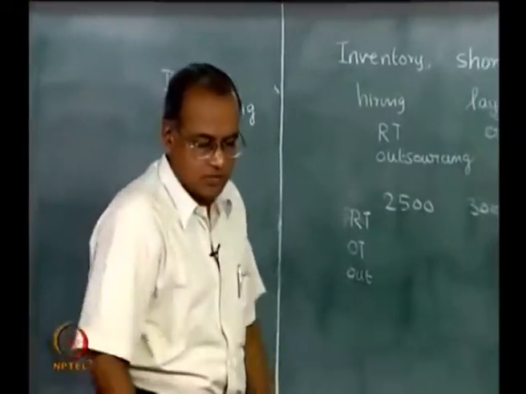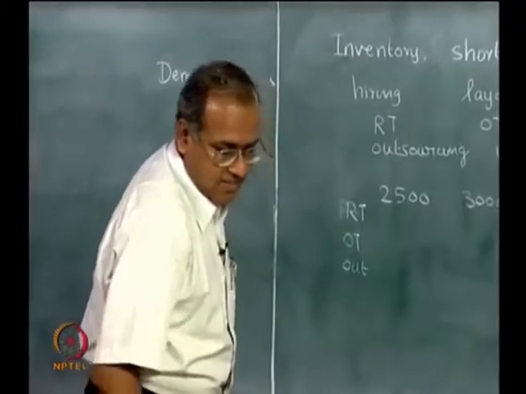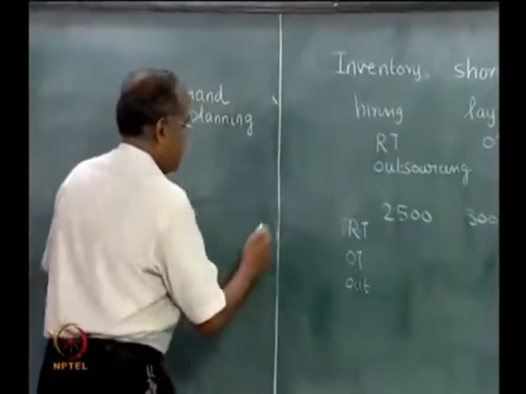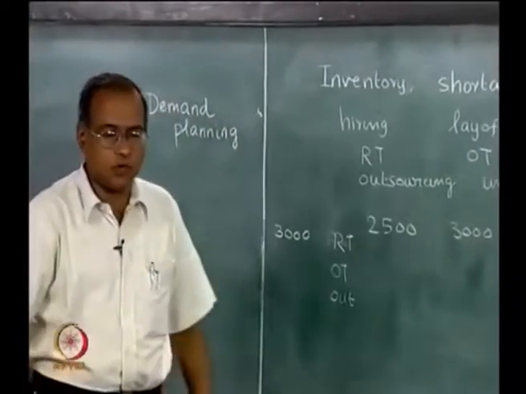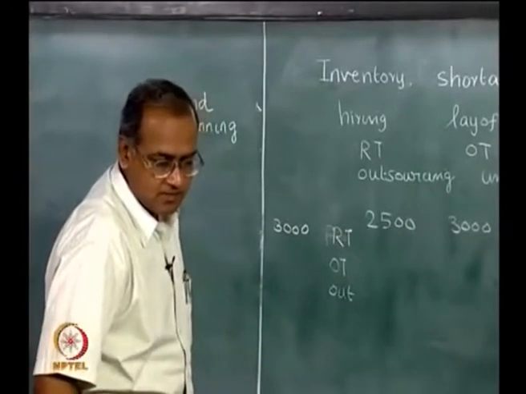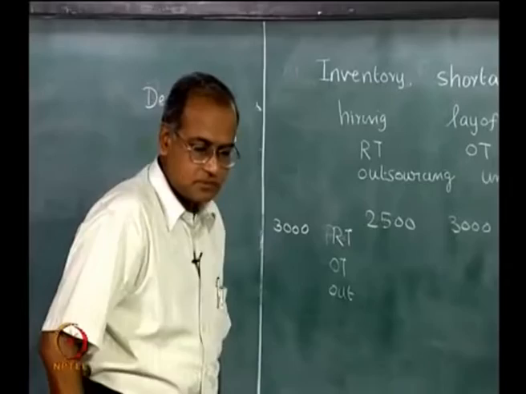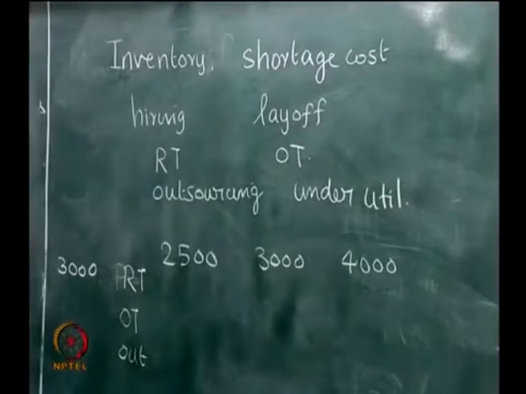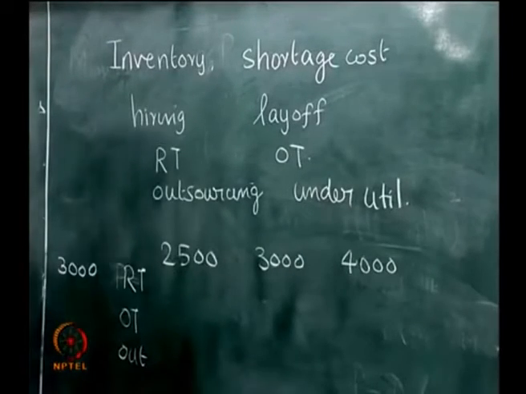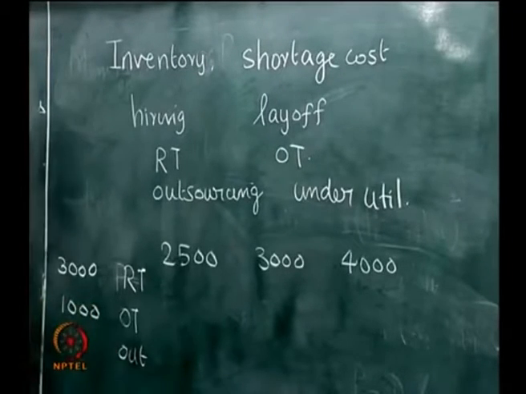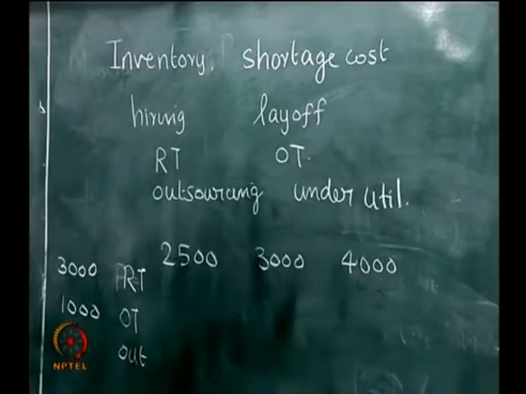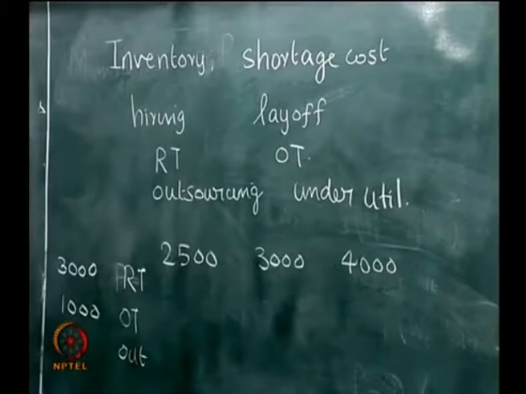Now, we assume that the regular time capacity is 3000 per month. Let us assume the overtime capacity is 1000 and any number can be outsourced.